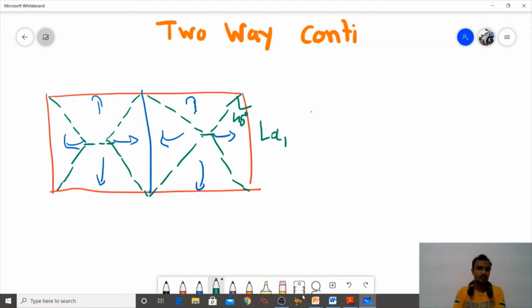Here is Lx1, here is Ly1, here is Ly2, here is Lx2.